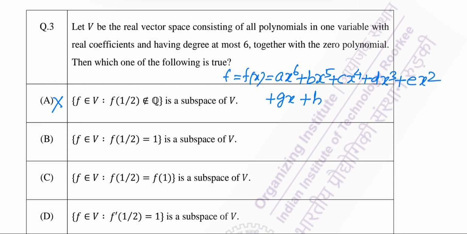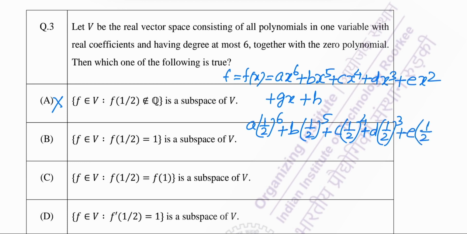Okay, and here in option B, you have to take 1/2 at the place of x. So this will be a (1/2)^6 plus b (1/2)^5 plus c (1/2)^4 plus d (1/2)^3 plus e (1/2)^2 plus g 1/2 plus h. Okay, and here you see this equals 1.